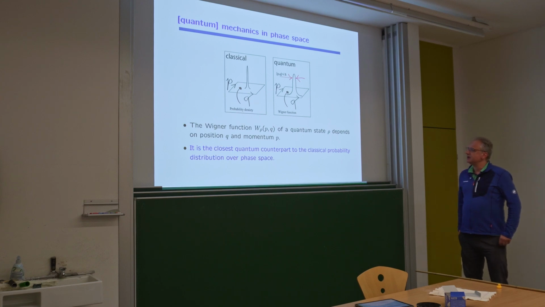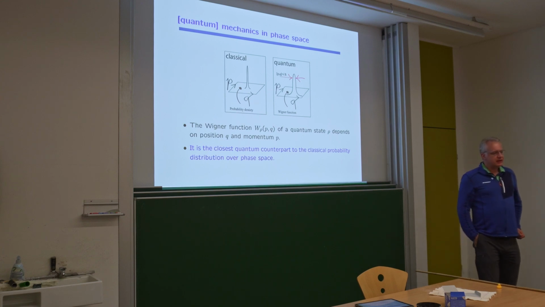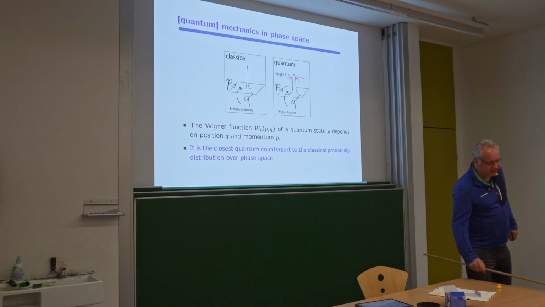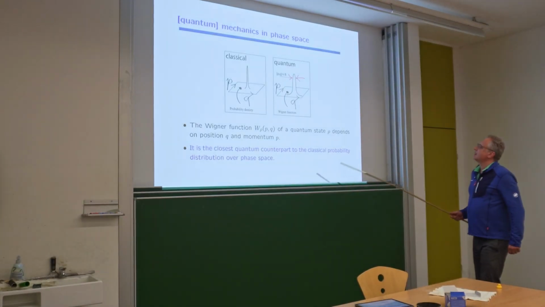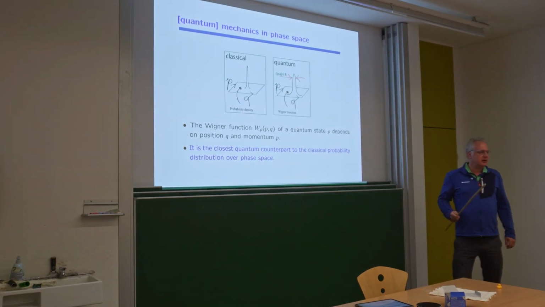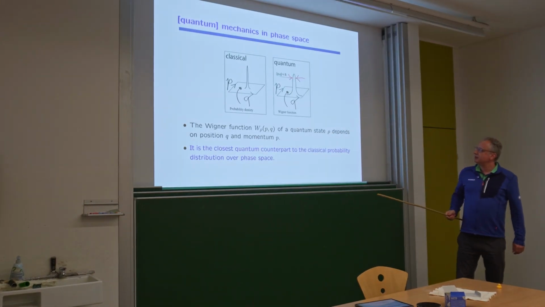Now you want to take that picture to quantum mechanics, and in quantum mechanics it must fall apart because of the Heisenberg uncertainty relation. You cannot have position and momentum arbitrarily well specified at the same time.